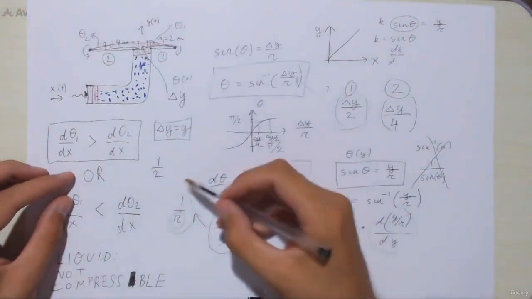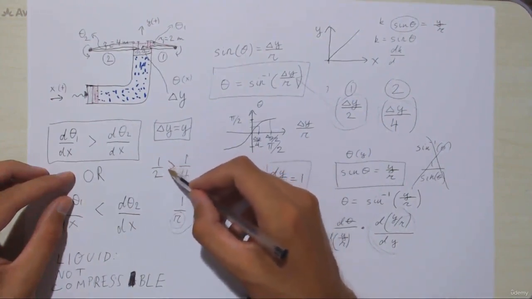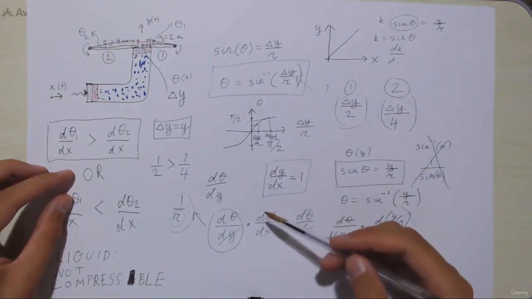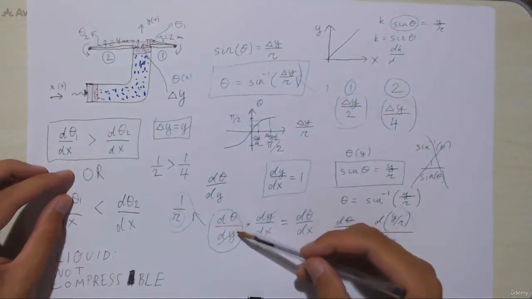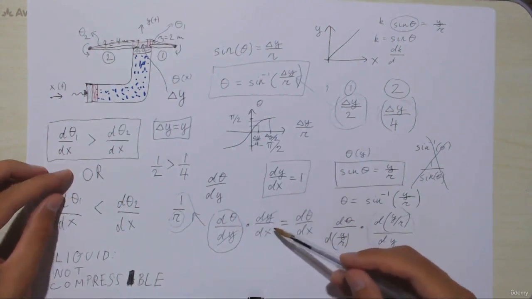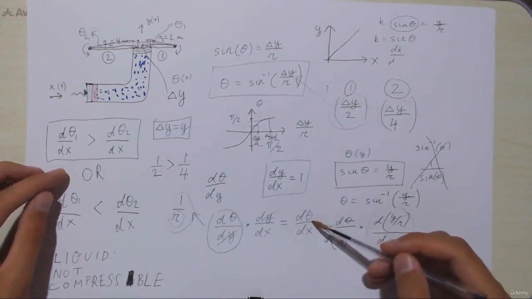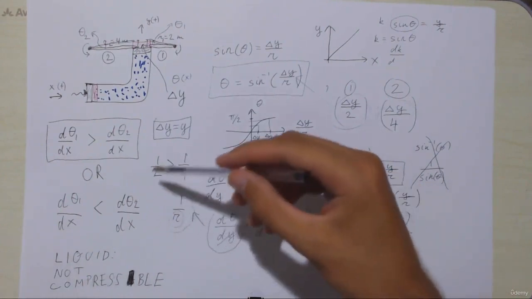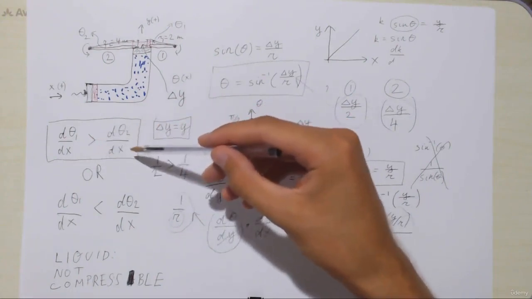In the second case, it's 1/4. But 1/4 is smaller than 1/2. And therefore, you know that when you have a smaller beam, your d theta dy would be bigger. And the bigger number times 1 would be a bigger d theta over dx. And now you can see that indeed d theta 1 over dx is bigger than d theta 2 over dx.